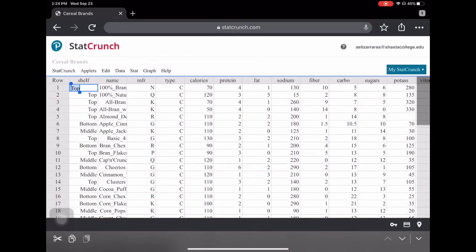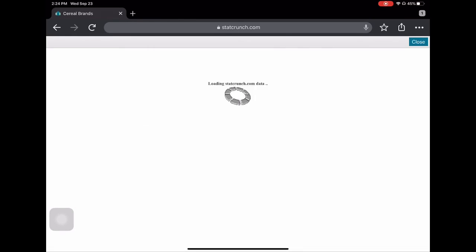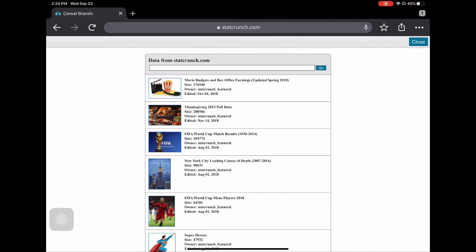Okay, we're in StatCrunch now, and we're going to create a scatter plot. So the first thing that we're going to do is load the data, and it's roller coaster drops.